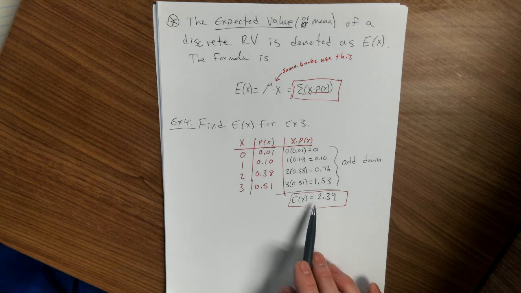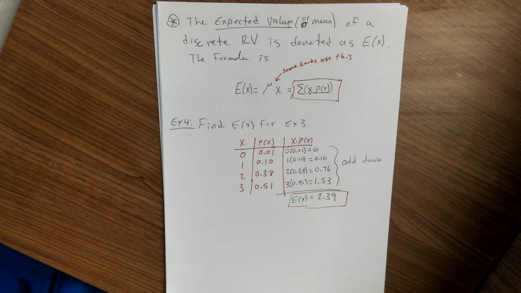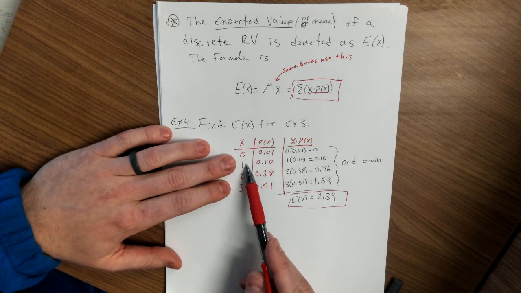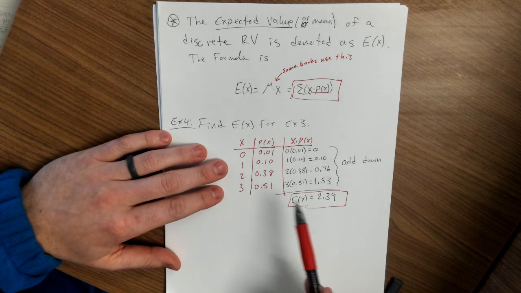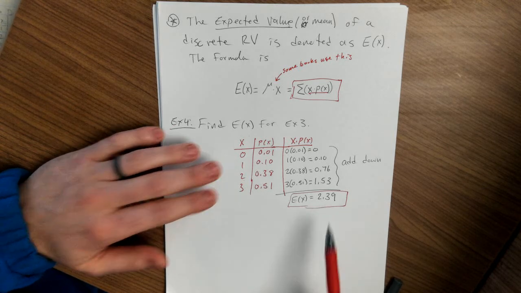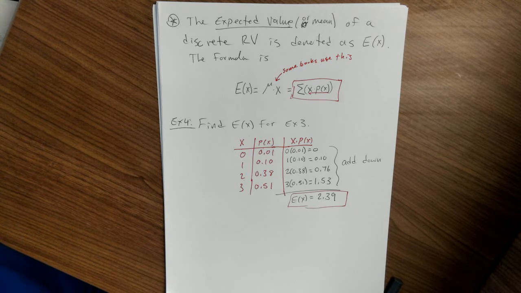What the expected value does is tell us about the long-term effects of having this probability distribution. On any given time that we shoot 3 free throws, we're either going to make 0, 1, 2, or 3. But over the long run, as long as these probabilities stay the same, we're going to, on average, make 2.39 every single time we go to the free throw line.